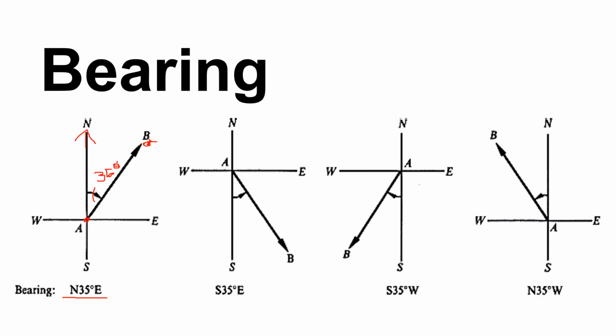Similarly, if B is over here and A is over here, then we can say that the bearing of B from A is equal to south 35 degrees east, or 35 degrees east of south, because the line from A to B is 35 degrees away from the south line.